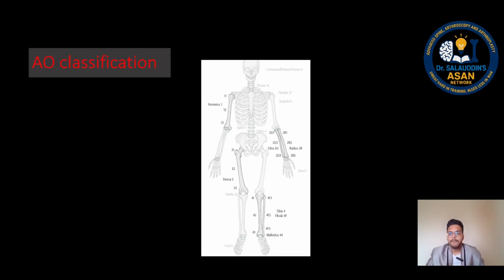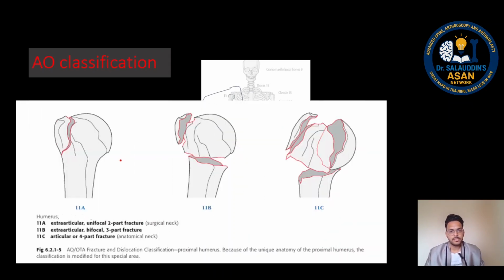So the number is for the bone and alphabetical order is given for the individual part of the bone. The proximal part of the humerus is the first part of humerus, so he gives us 1.1. The shaft is 1.2, and the distal humerus is 1.3. So the humerus is the bone 1. 1.1 is for proximal humerus, 1.2 is for the shaft, and 1.3 is for the distal humerus.